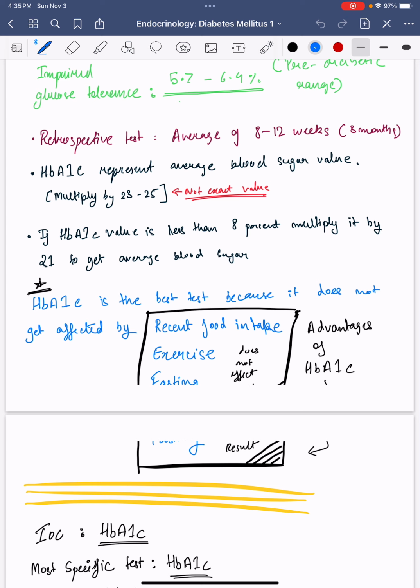And if the HbA1c value is less than 8% in a patient, you should multiply it by 21 to get the average blood sugar of the last 3 months in milligrams per deciliter.